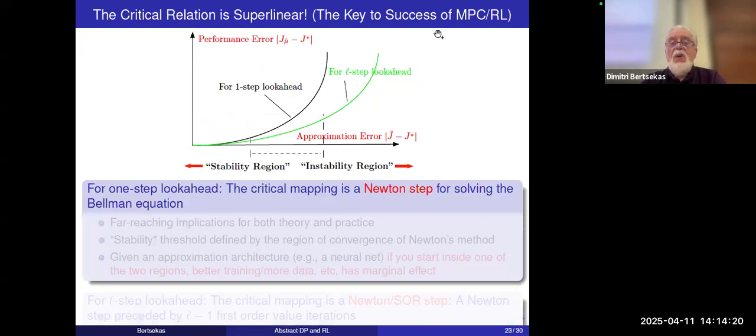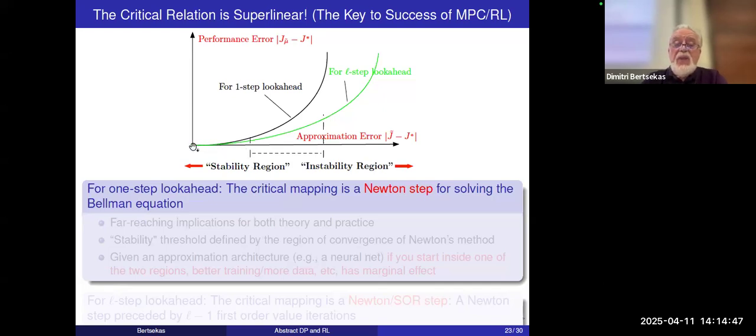But let me also discuss the implications of it. And I think the key implication is that the critical relation between cost approximation and policy performance errors is superlinear because of the Newton step, as long as you are within the region of convergence of Newton's method.